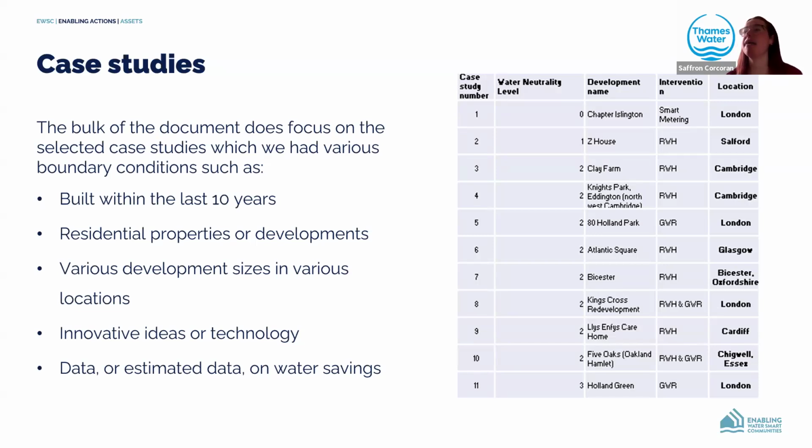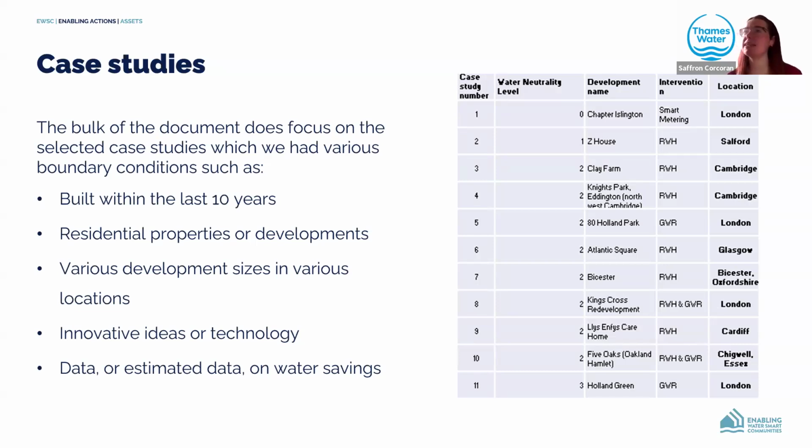We wanted to have innovative ideas or technologies. So sometimes we don't have necessarily the things that you would think are the most prevalent or used, but that's the whole point. We don't want you to just think inside the box. Let's start thinking outside the box. That's how we're going to make change.